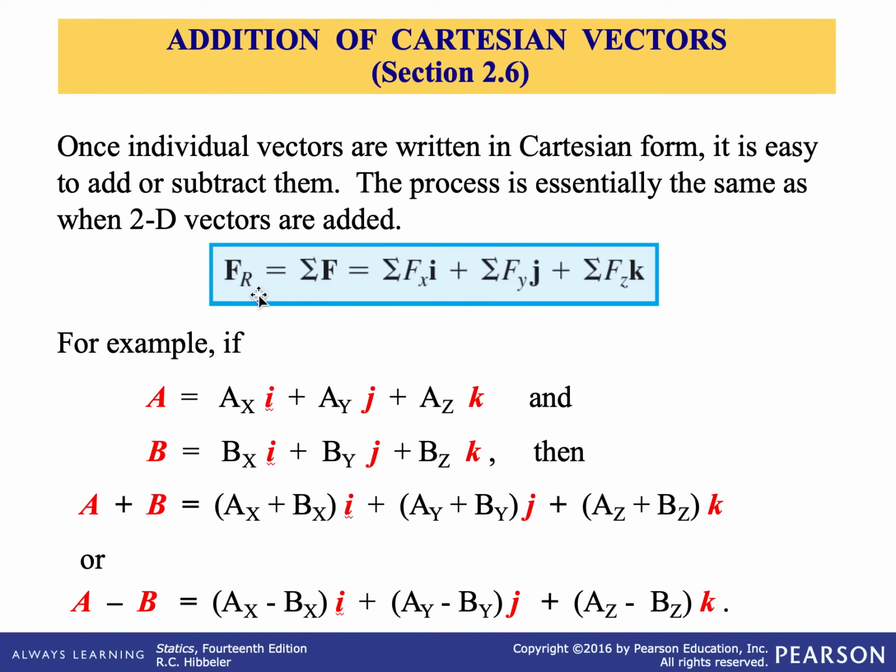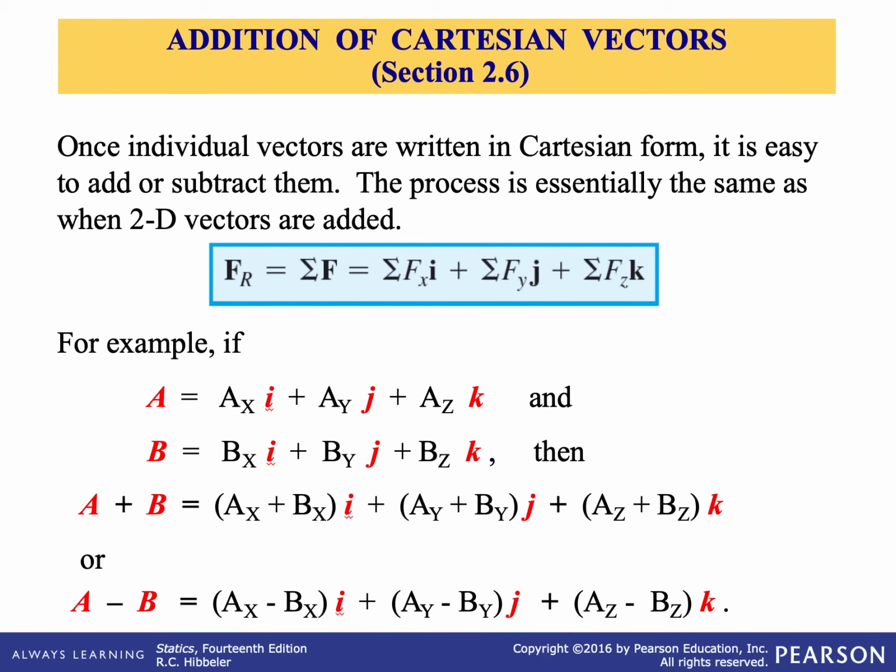Any resultant vector is the summation of the different components, and you keep the directions the same in 3 dimensions. So that's how you write A, that's how you write B. You just add the x's, the y's, and the z's, and then you have your resultant if you're adding. And if you're subtracting, you just subtract the different components. I hope this is clear. We're going to have a lot of examples to practice doing this.